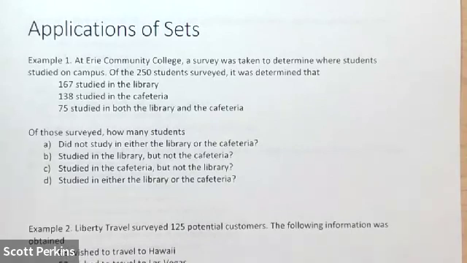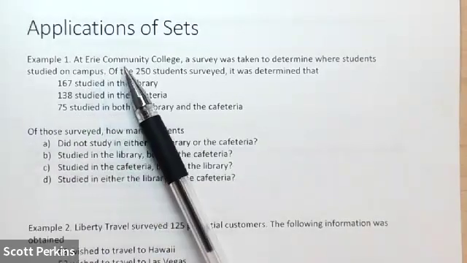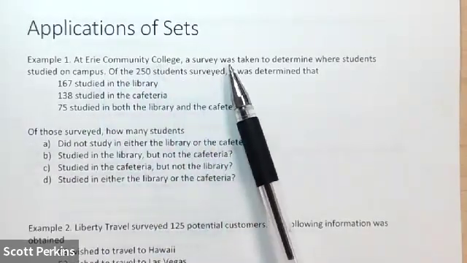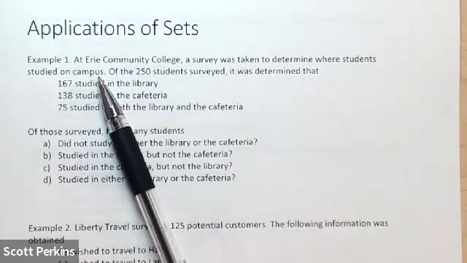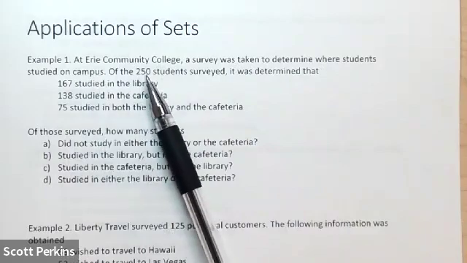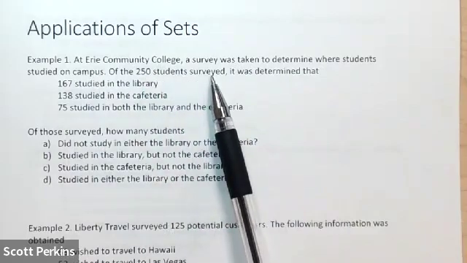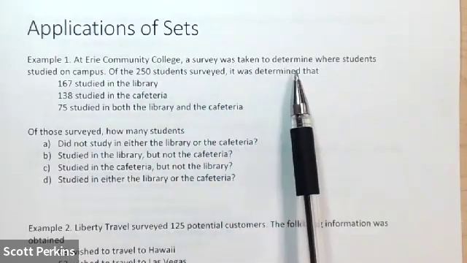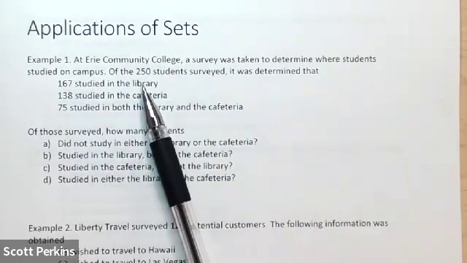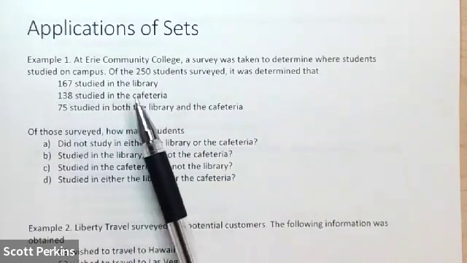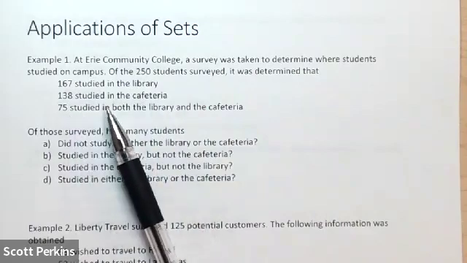So here's my first example at the top of page 1. Here's the situation. We're at this community college, and we took a survey to determine where students studied on campus. We asked 250 students this, and it was determined that 167 people studied in the library, 138 studied in the cafeteria, 75 studied in both.